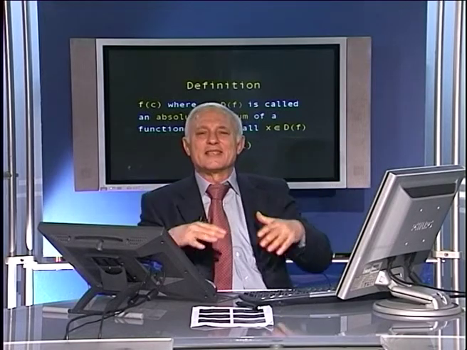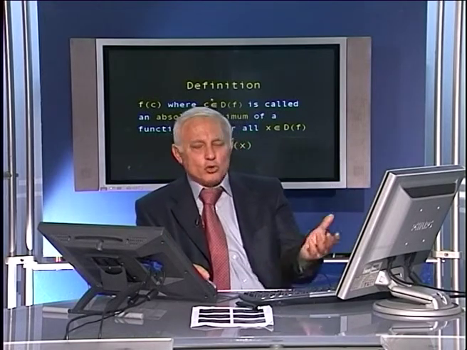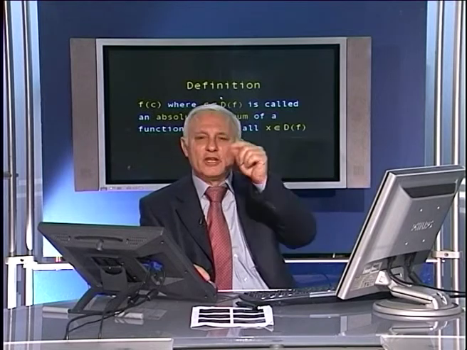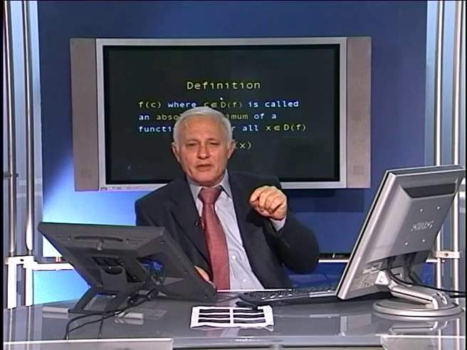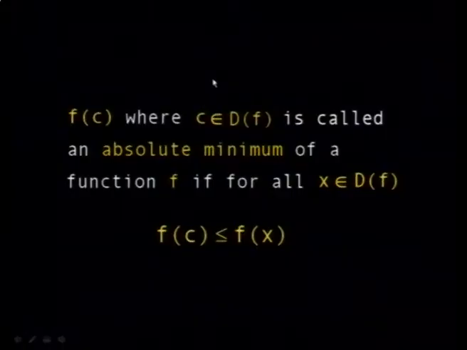But here, for the absolute maximum of a function, it's over the whole domain. You want to find the maximum value of this function. So what you do, you scan all the points, you calculate the value of the function at all these points, and the maximum value of it will be your global extrema, whether maximum or minimum. And the same thing, of course, for the absolute minimum.